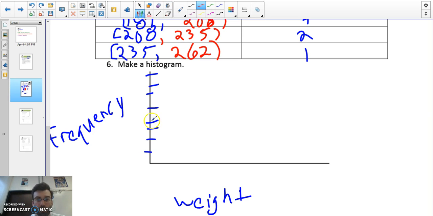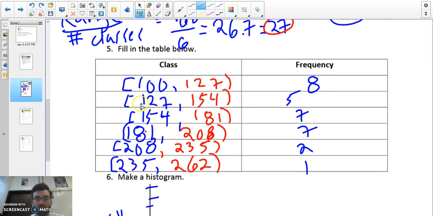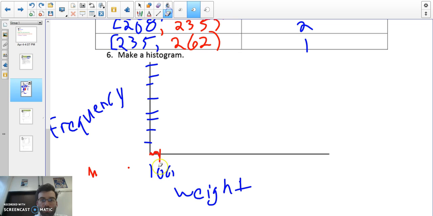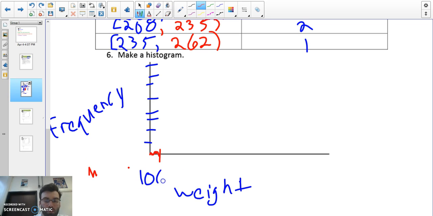Because our first class starts at 100, I need to make this little jagged edge to show that I am skipping to 100. It's hard to write with the pen. My first number was 100.